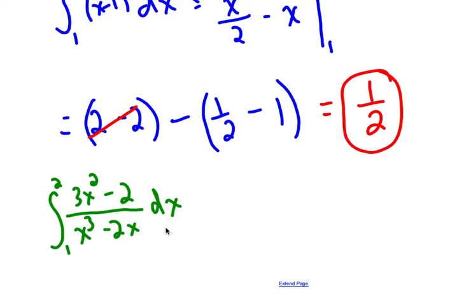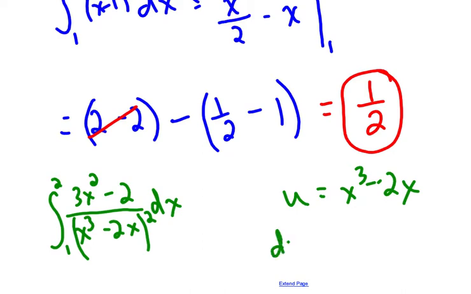So then when we do this, you can say that u is equal to x cubed minus 2x, because you can't do the antiderivative of 1 over u yet. That's not something we've learned. So we say u is equal to x cubed minus 2x.